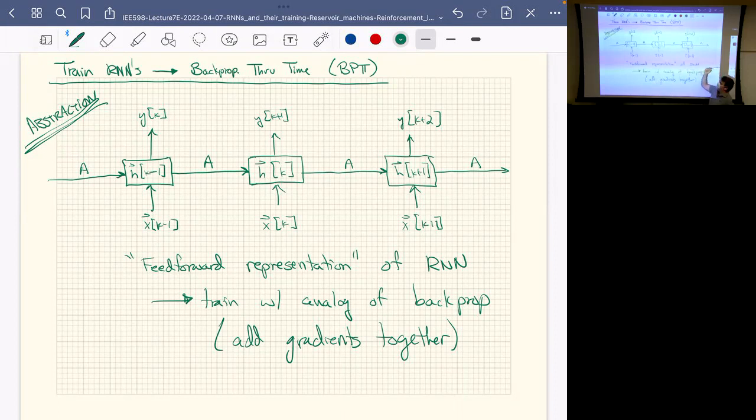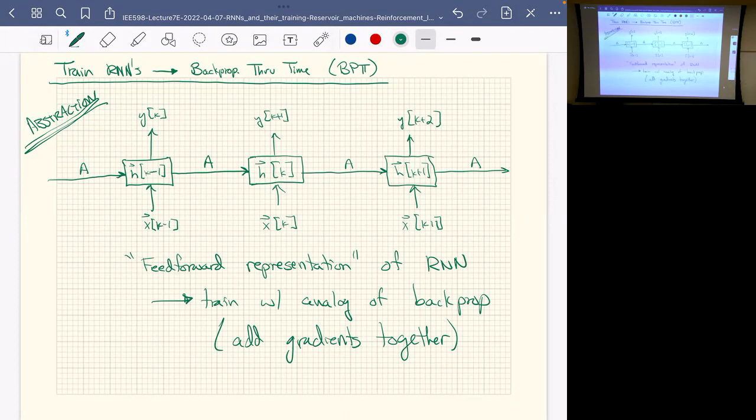And as you go back through and calculate all your gradients, you add all the gradients up together for those weights, and that's how you take your step. So it's just a way to decompose the execution of a recurrent neural network into an approximation where we view it as a feed-forward network and then use backpropagation on it. So that is a traditional way to train recurrent neural networks.